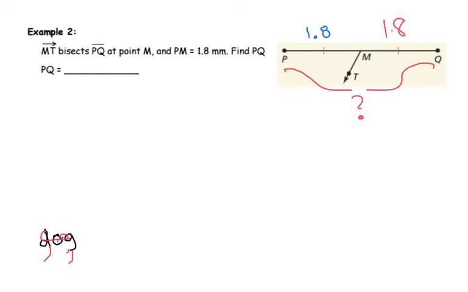So if we add those together, 1.8 plus 1.8, we get a grand total of 3.6 millimeters to be the measurement of PQ. I know this is hopefully pretty simple.